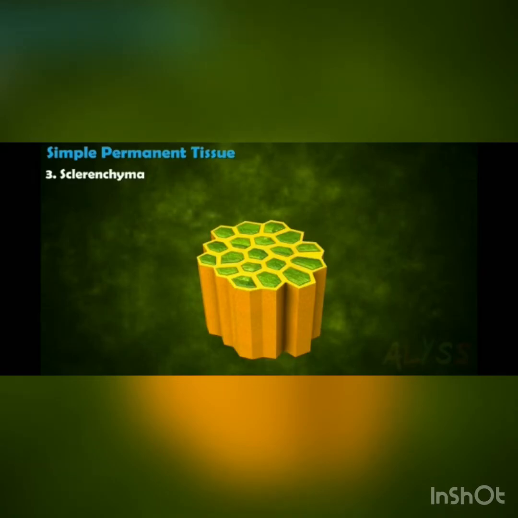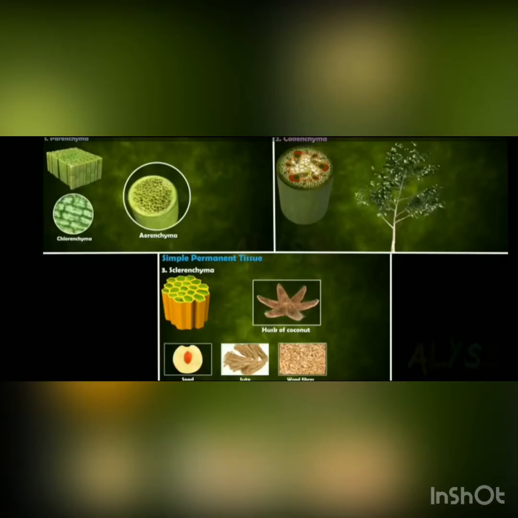Let us take a recap. Parenchymatous cells are present in the soft parts of the plant, and they contain chlorophyll, called chloroplast, and carry out photosynthesis.